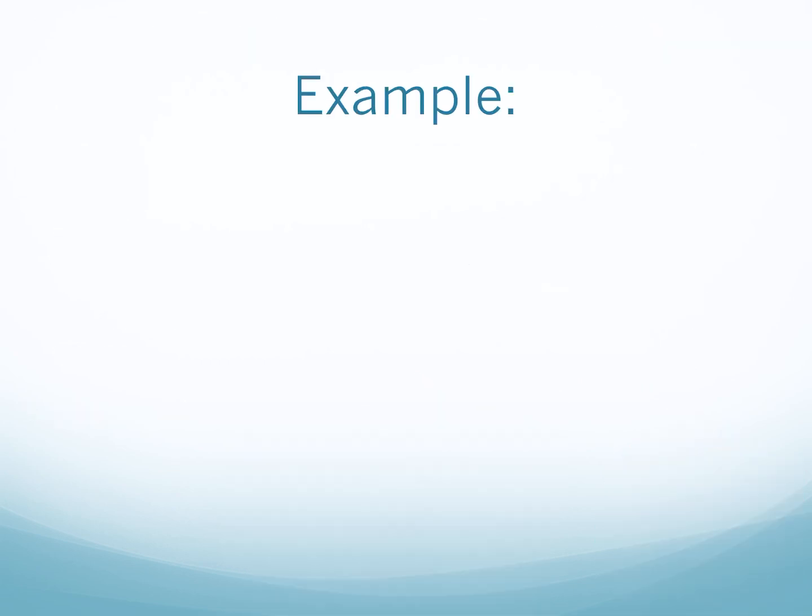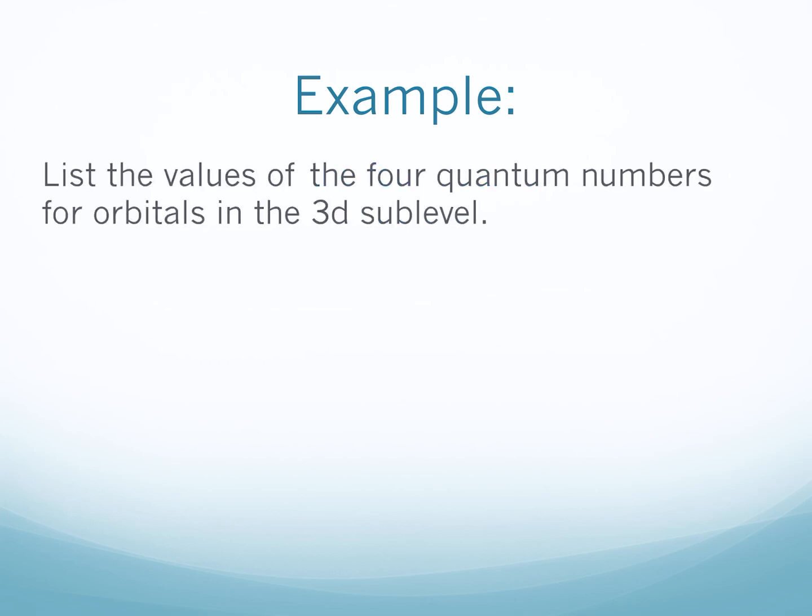Here's an example of how this might show up. It says, list the values of the 4 quantum numbers for orbitals in the 3d sublevel. Think about this. The number in the front tells us our principal quantum number, the value for n. So n equals 3.